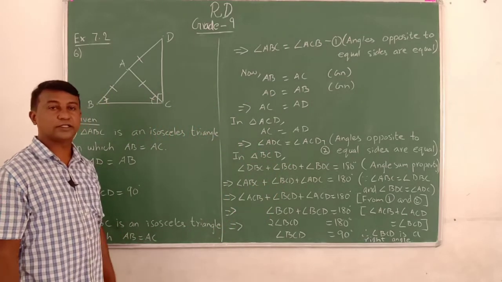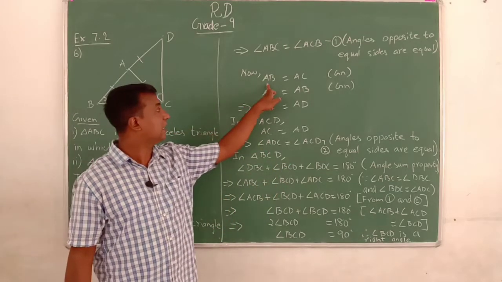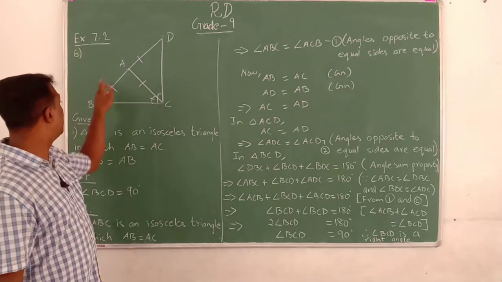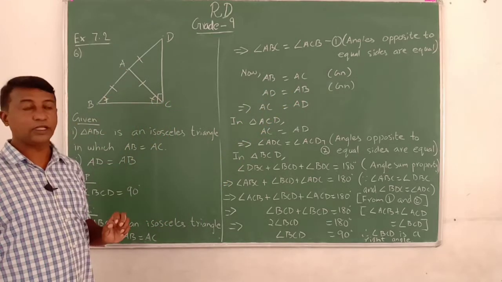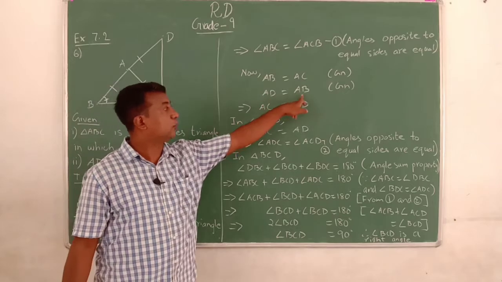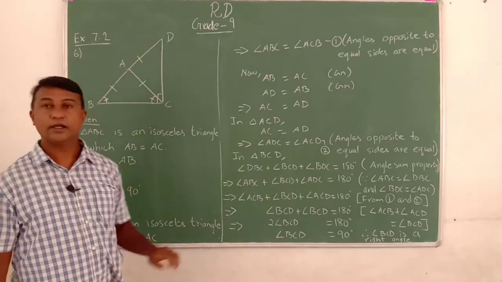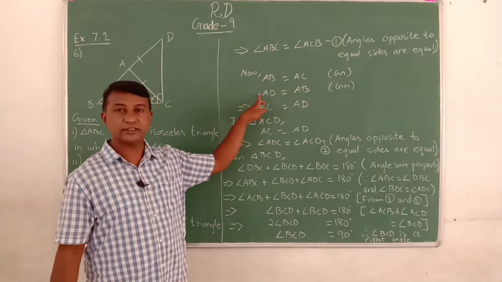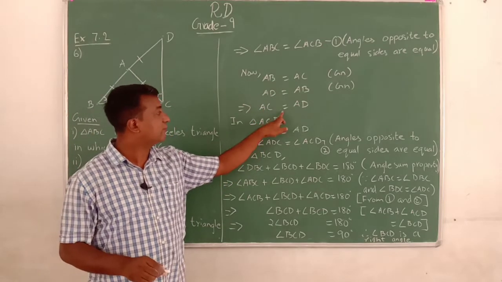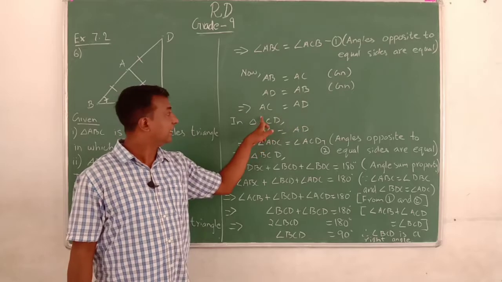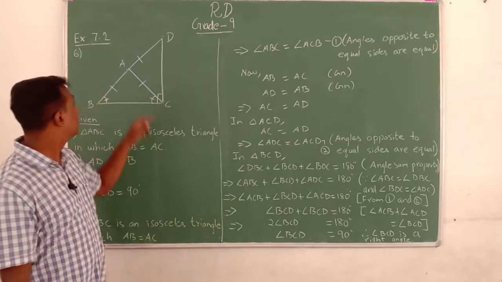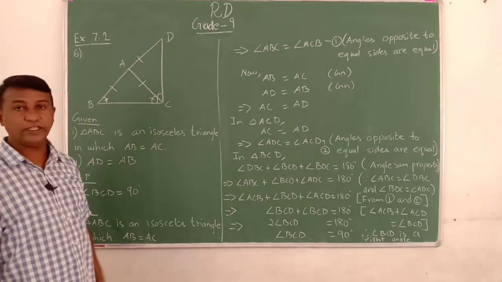And one more condition, here already they gave that AB equal to AC, and AD equal to AB, this is also given. So from these two things can I conclude that AC will be equal to AD? Yes, AC and AD will be equal.